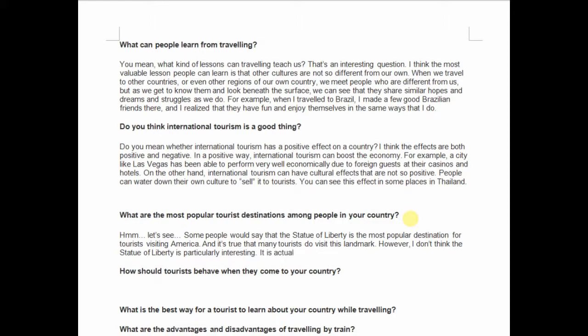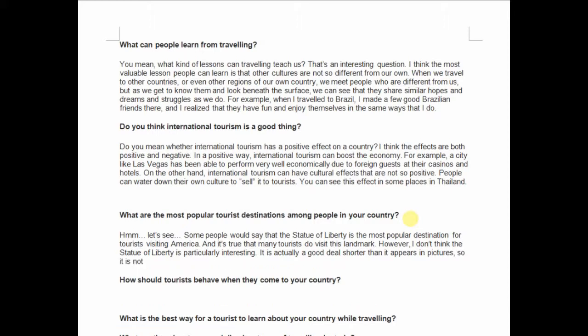It is actually a good deal shorter than it appears in pictures. Okay? So it is not that impressive.